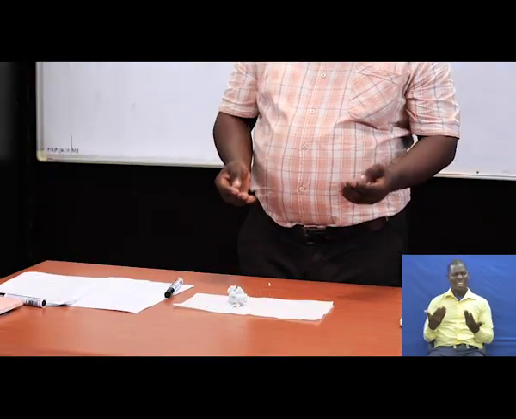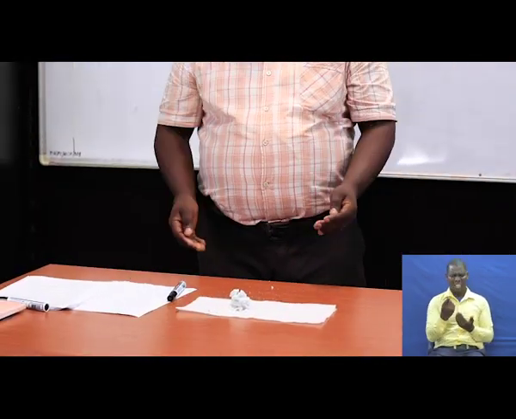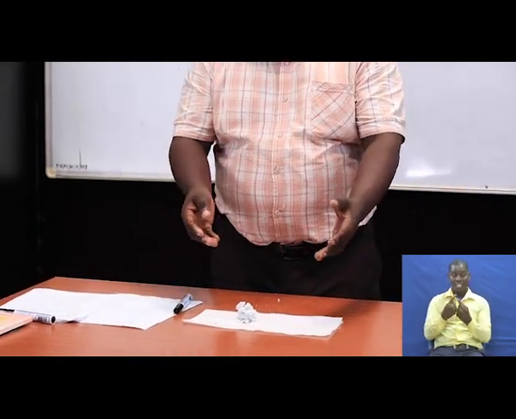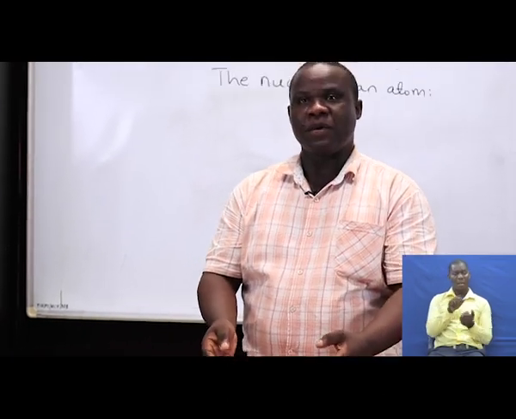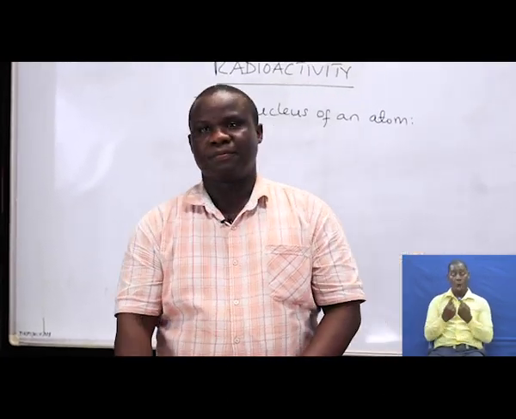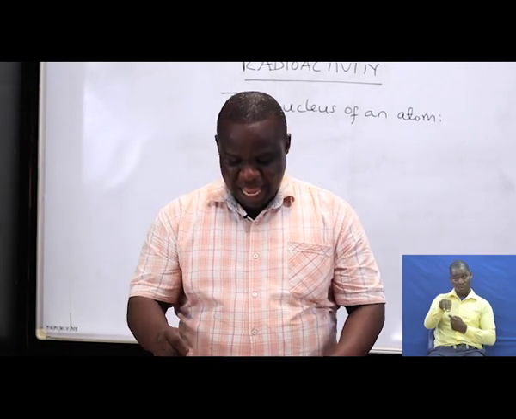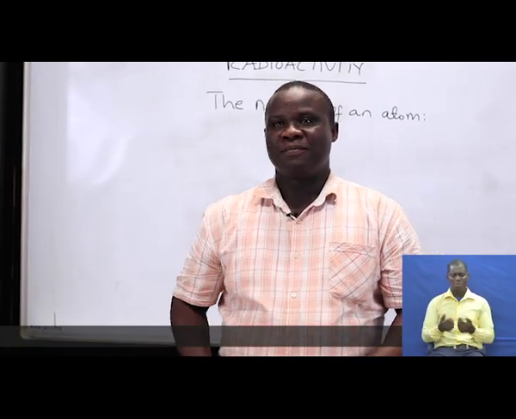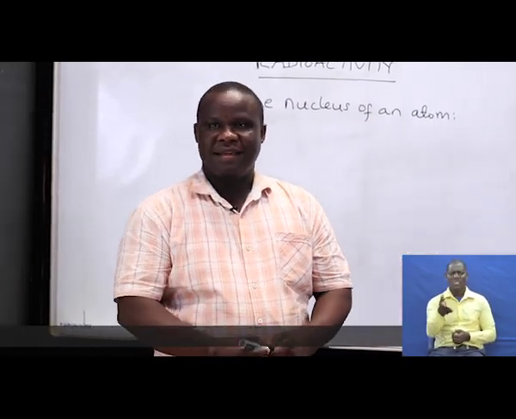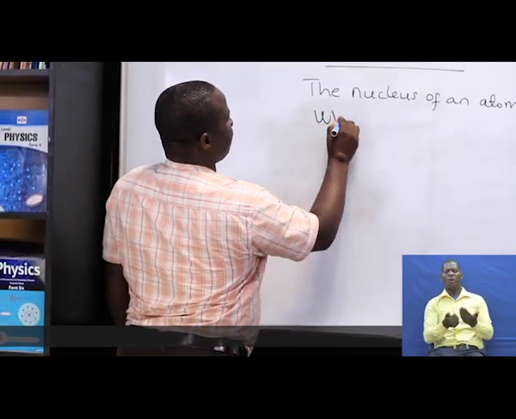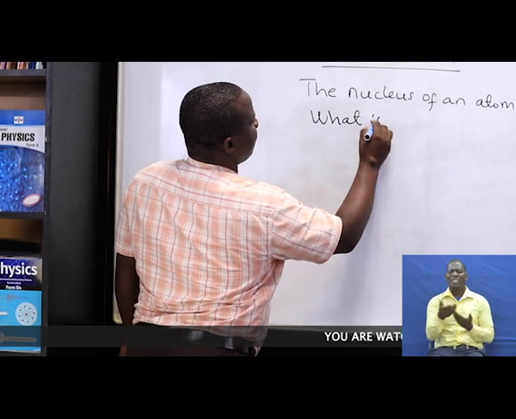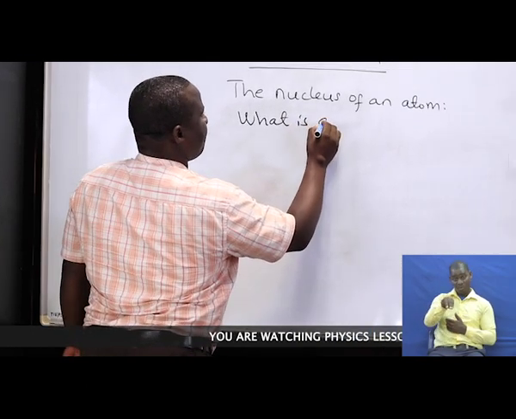Now, what you can say is that this particle, which is a matter, is made up of many particles. These particles are the ones we call the atom. Now, what is the atom? This is the question. Our question here is, what is the atom?